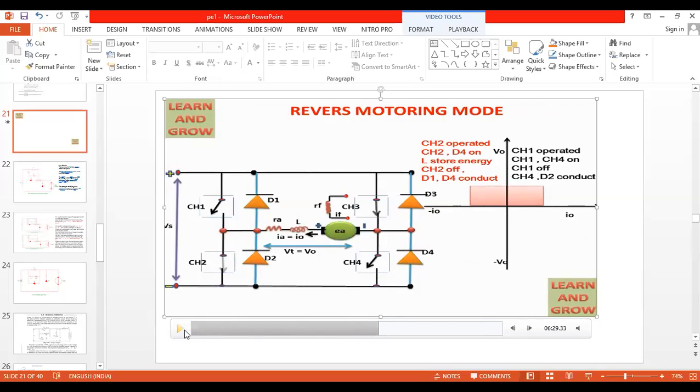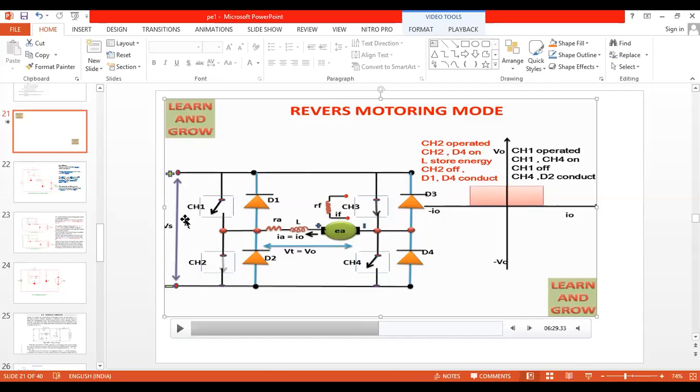This is case 2. Case 2 says that chopper 3 and chopper 2 are turned on, and chopper 1 and chopper 4 are off. Now what is the direction of the current? From Vs plus to chopper 3 to motor, and from motor to inductor to chopper 2 to V minus.